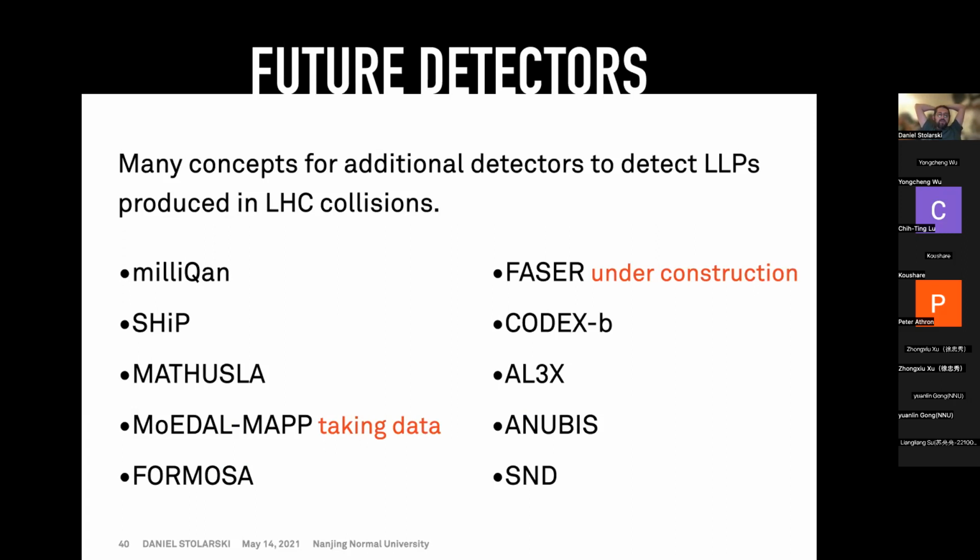These are the names of some of the proposed detectors and experiments, although some of them are more than proposed. MoEDAL is taking data right now. FASER is under construction, so it's approved and being built as we speak. And these other ones are in R&D stages. They have various prototypes at different stages, but the full detector is not yet built.